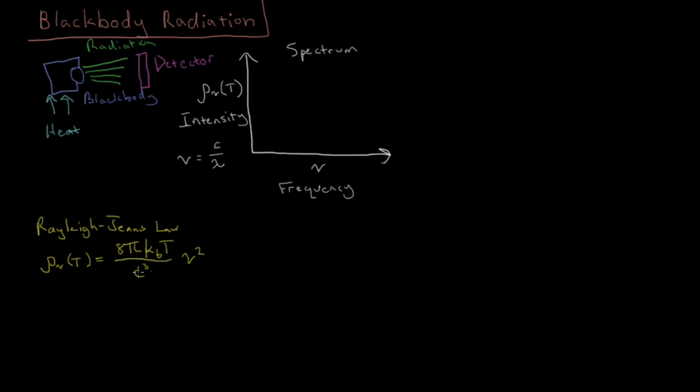So according to classical theory, the intensity of the radiation is proportional to the frequency squared. At zero frequency we'd have 0, and then it's going to be a parabola going up from there. I'll draw this dotted, so that this is the classical theory.